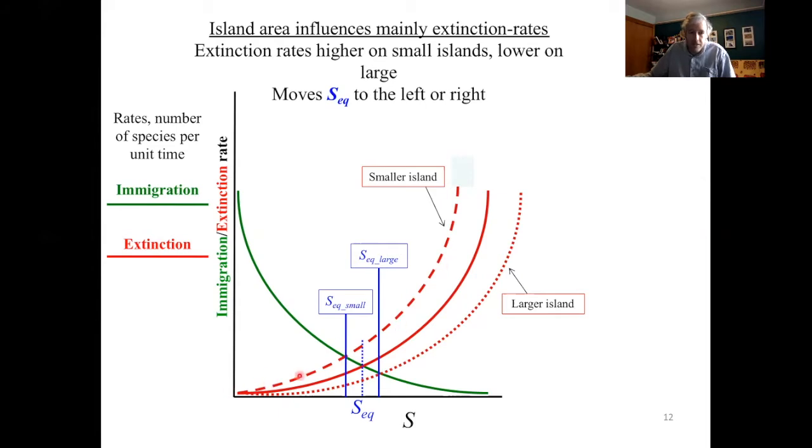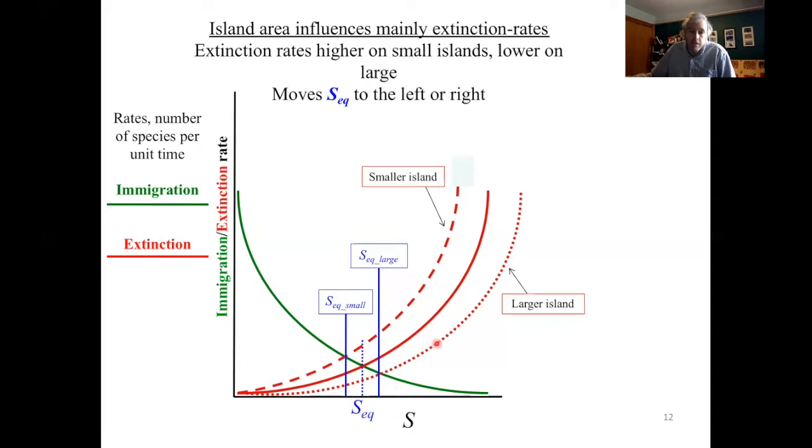Because this dashed line is increasing more rapidly, it crosses the green line further to the left on the x-axis. So our equilibrium point has now changed. Remember, our equilibrium point is the point where the green and the red lines cross. So for a smaller island, the increased extinction rates move the equilibrium point from here to here. And we have a lower number of species at our equilibrium point.